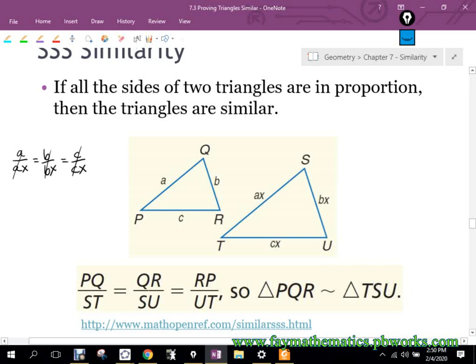The A's cancel out, the B's cancel out, and the C's cancel out, so I'm left with 1 over X equals 1 over X equals 1 over X, and that's the argument that those must be proportional, because that ratio is the same. So if X was 3, we'd get 1/3, 1/3, 1/3. If X was 5, we'd get 1/5, 1/5, 1/5. Does that make sense?